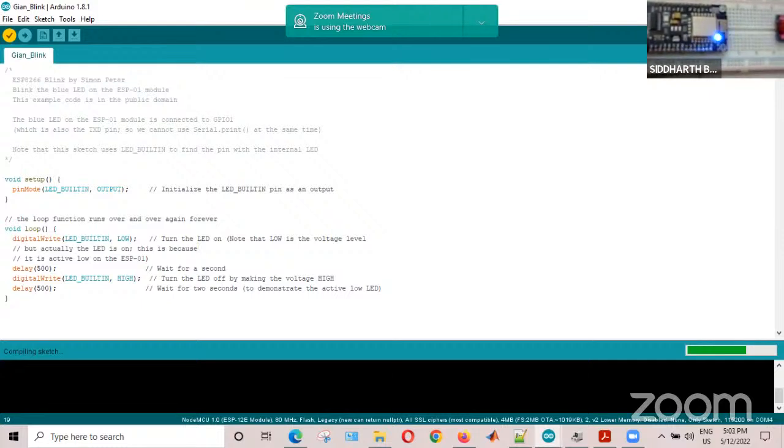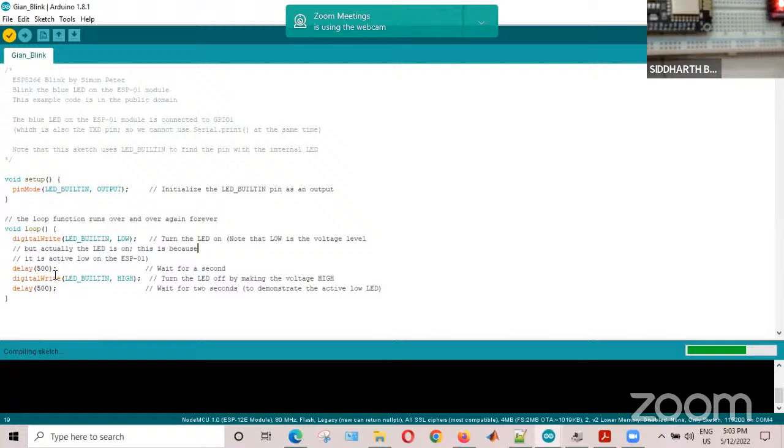But it is compiling the code right now on the screen. So even after writing the code, the output will be similar. It is doing what we told it to do. You can see the code says the delay should be 500 milliseconds.